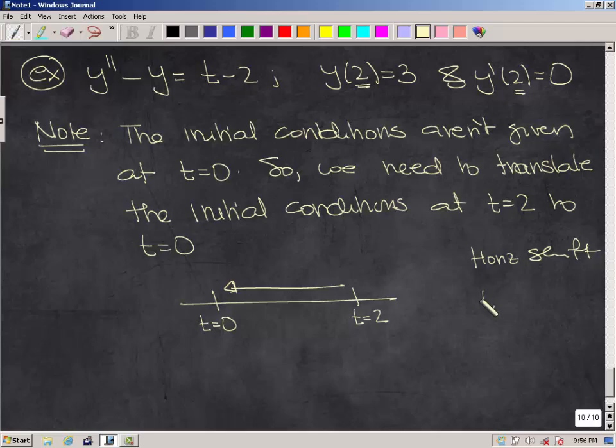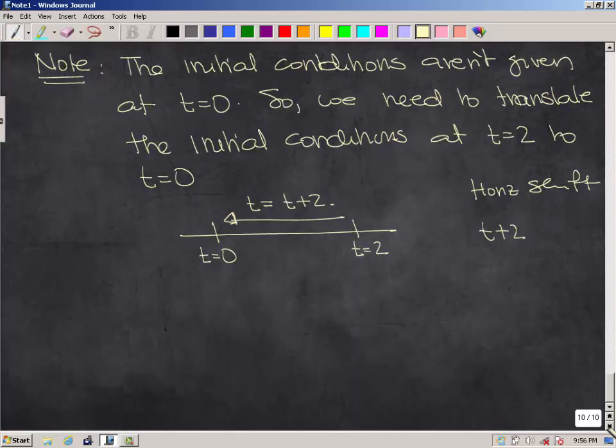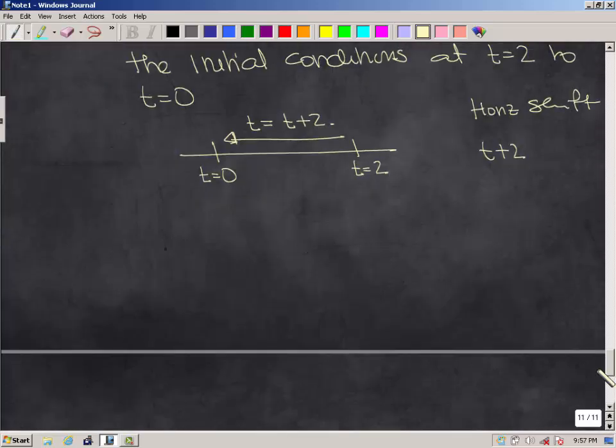So if I write t plus 2, that means we're going to go 2 units to the left. So we want to change every t to t plus 2. That'll help us shift it to the left. Let's see how we go about doing that.